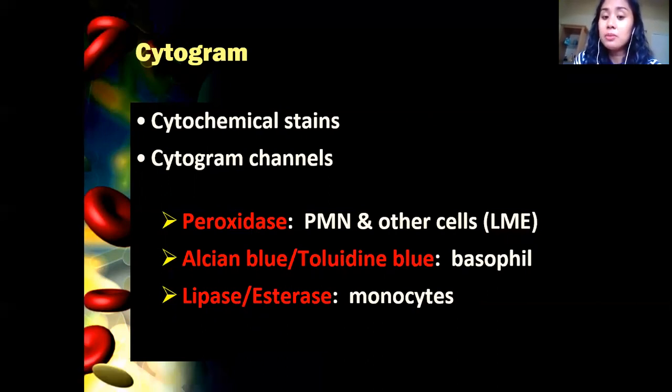Esterases are very much positive to monocytes, specific and non-specific esterase. Huwag niyo kalimutan yun. So, peroxidase are found on cells which have primary granules, specifically promyelocytes, mga neutrophils, kasi masyado mataas.